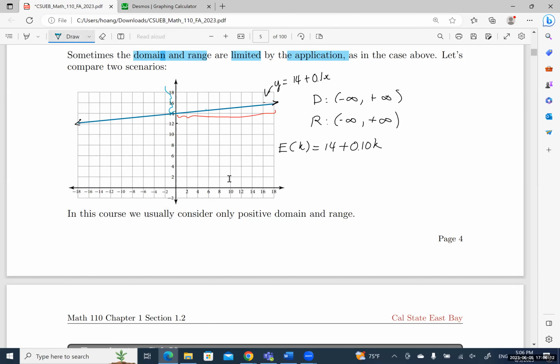The domain goes from 0 to +infinity. Domain 0 to +infinity, and the range is just from 14 up to +infinity, inclusive.